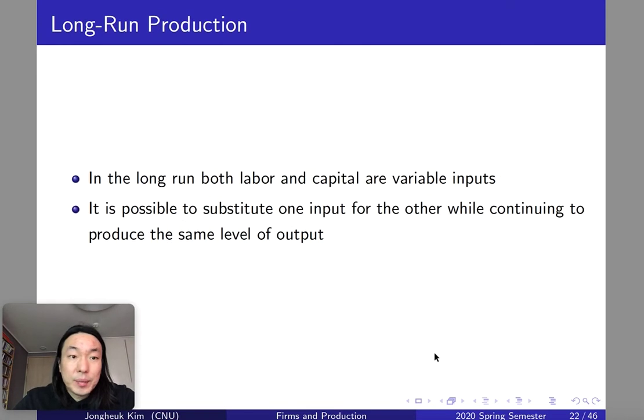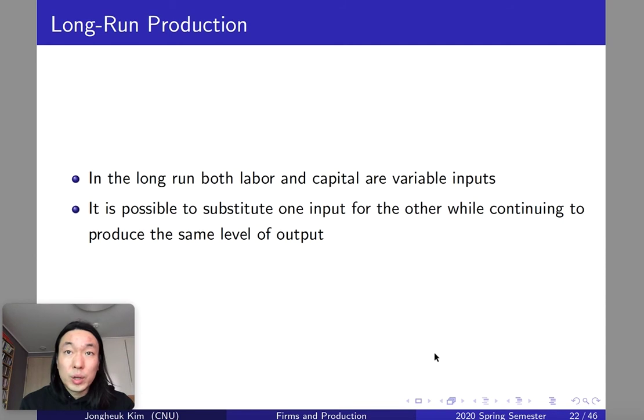And this time we will relax one more assumption about the production mechanism, which will introduce us to the long run production world. So we assumed that there is only one input which is variable, and the other input, for instance the capital in the short term, is fixed as a constant.